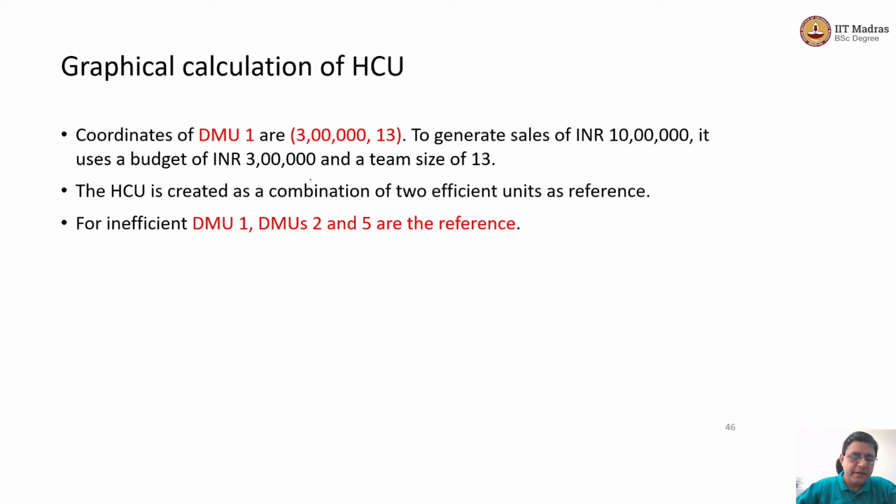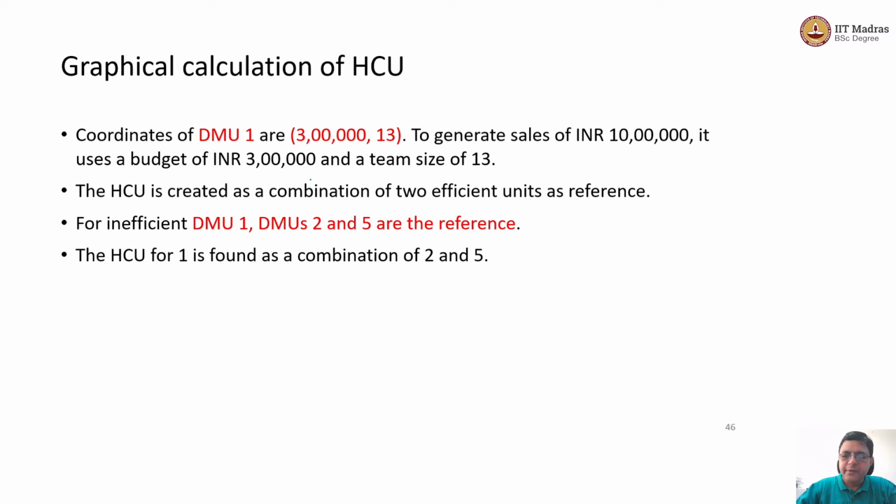Therefore, for inefficient DMU1, DMUs 2 and 5 are called the reference units, and the combination of these two references will give you the coordinates of the hypothetical composite unit for DMU1.